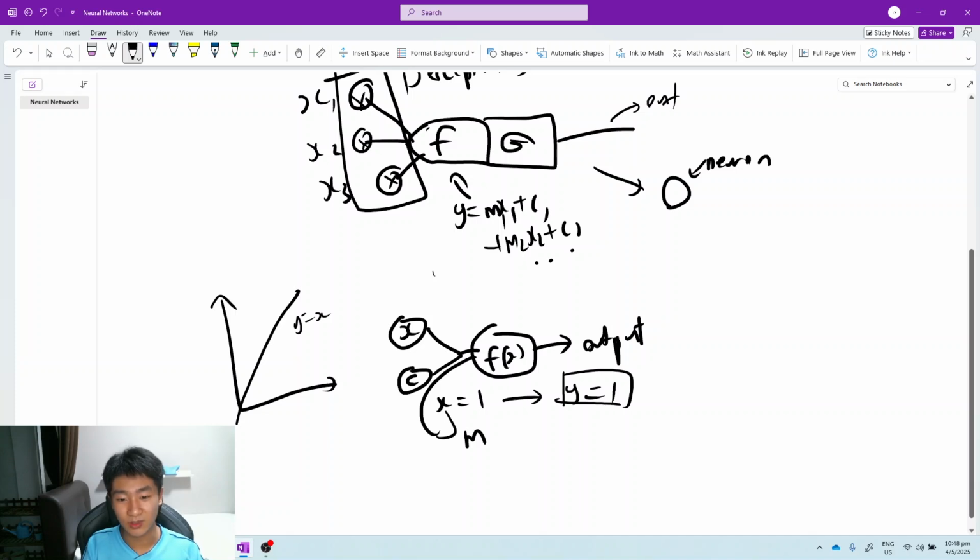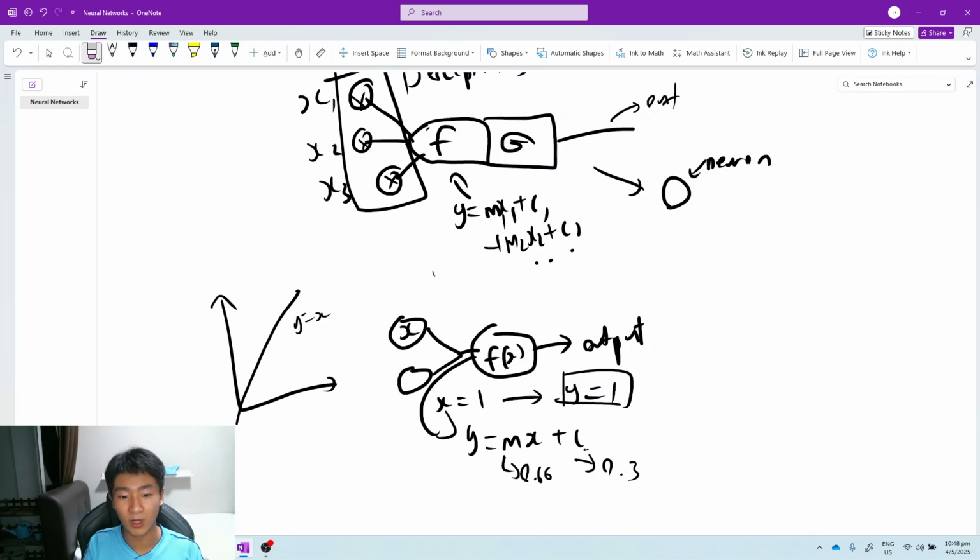So in this case, we know y equals mx plus c, and so let's randomly start off these m and c variables, because we don't know what they are, to be, let's say, 0.66 and 0.3. By the way, in case I confused you, this c shouldn't be c. It should be a constant term like 1.